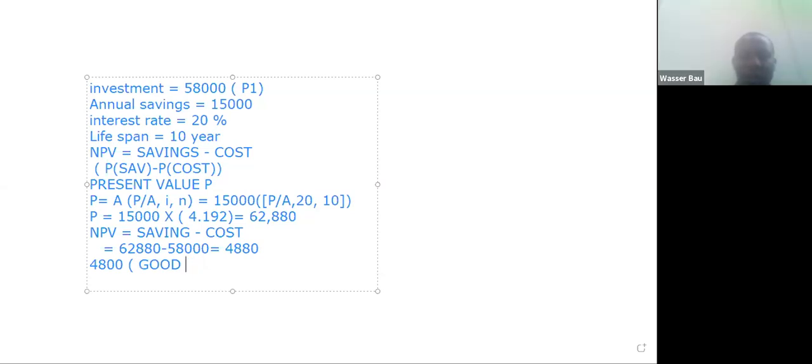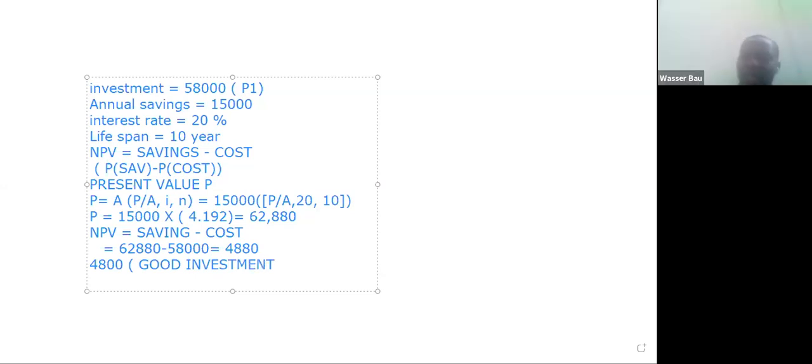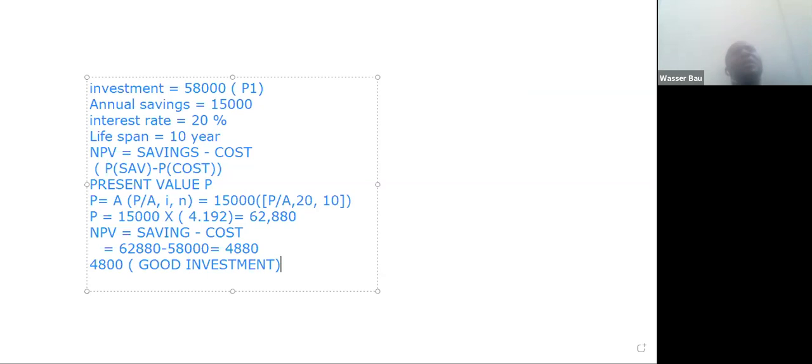So what this helps me with now is that if there's another alternative, let's say it's Engineer Chima that proposed this investment, and you've done your calculation and got this, and then my partners in Germany come up with their own, this time not solar but wind, and after the analysis we get an NPV that's higher than this, then you know that their investment is better.